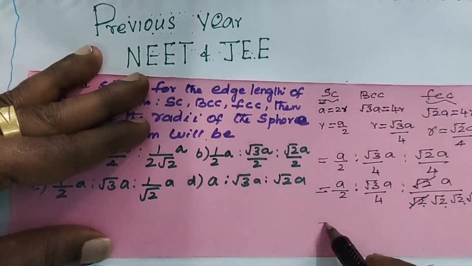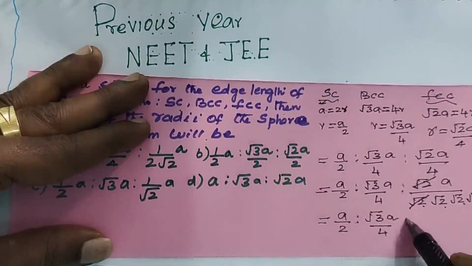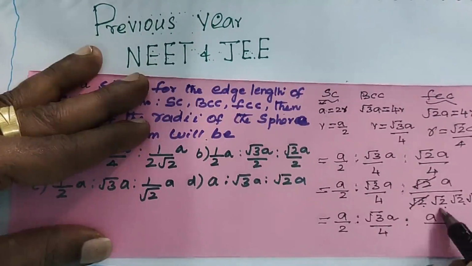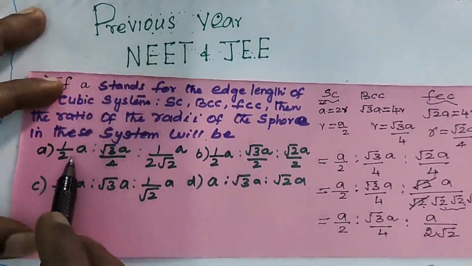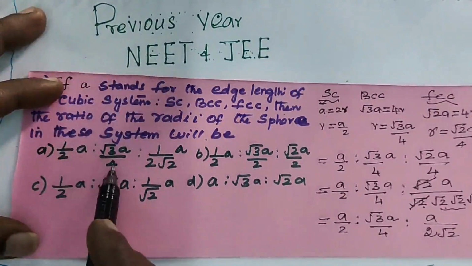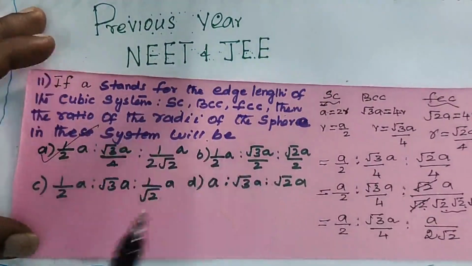So the ratio is a by 2 is to root 3 a by 4 is to a by 2 root 2. So the option is a by 2, root 3 a by 4, a by 2 root 2. That is the first option.